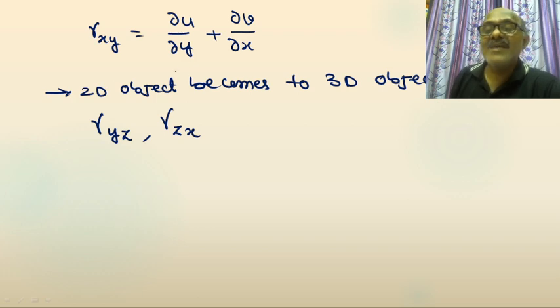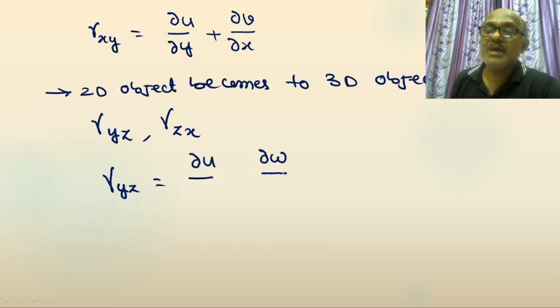Whatever was written for the shear strain here, similarly for these two shear strains also. Gamma yz is equal to, y direction displacement is v, z direction displacement is w.